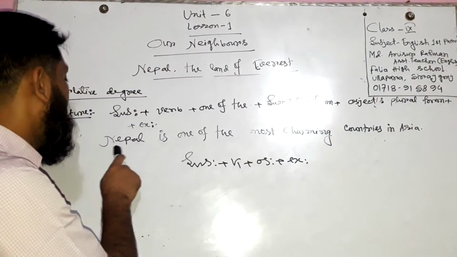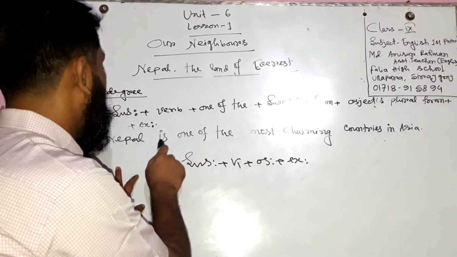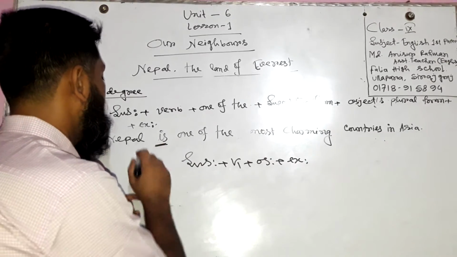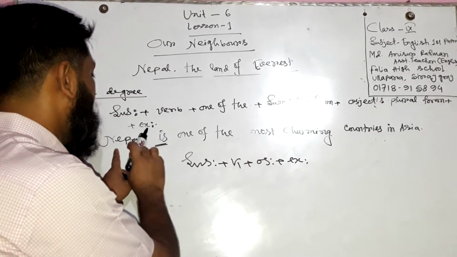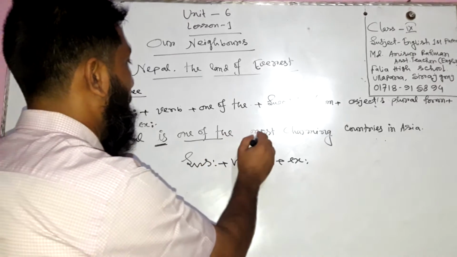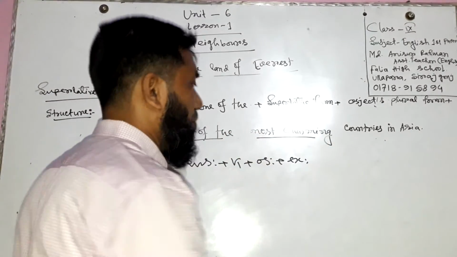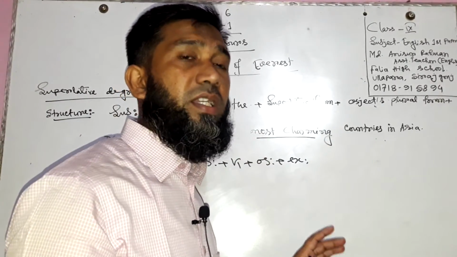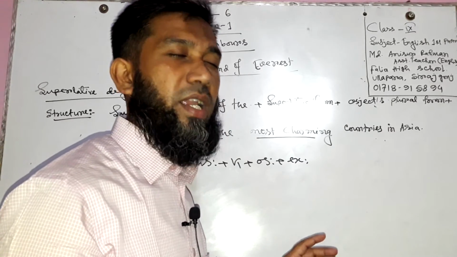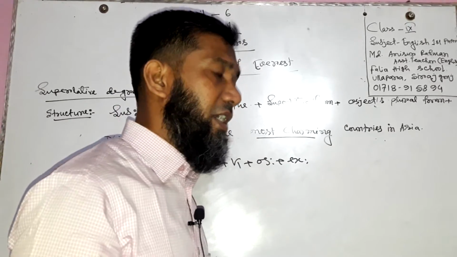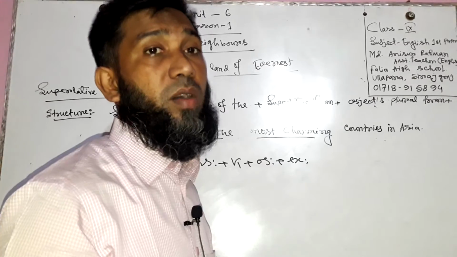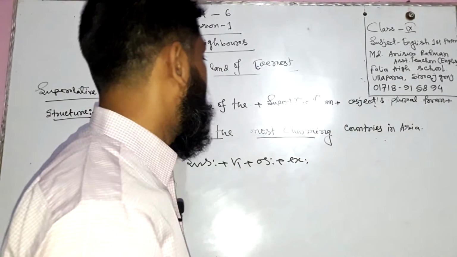Here is an example. Nepal is one of the... here "is" is the verb. Nepal is the subject. Nepal is one of the most charming. Charming is the base form of the adjective, and "most charming" is the superlative form of the adjective.